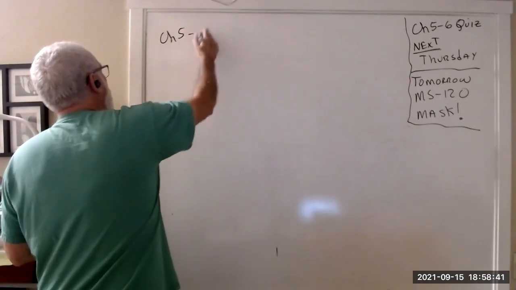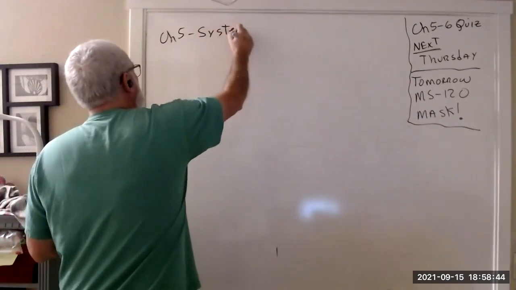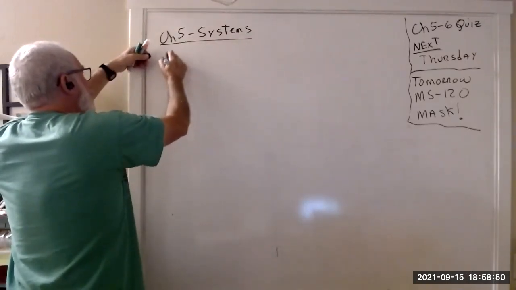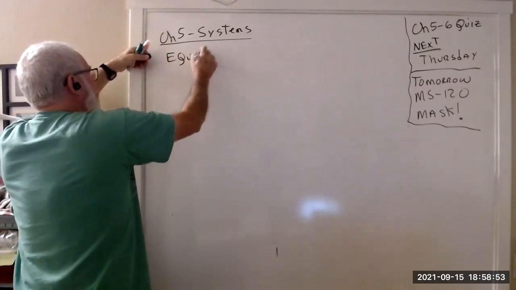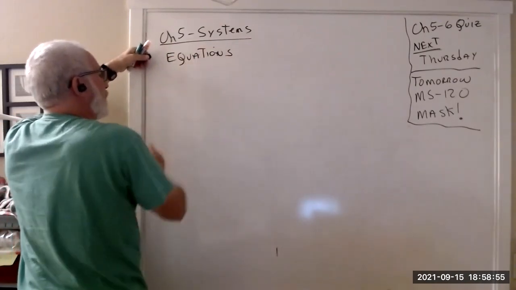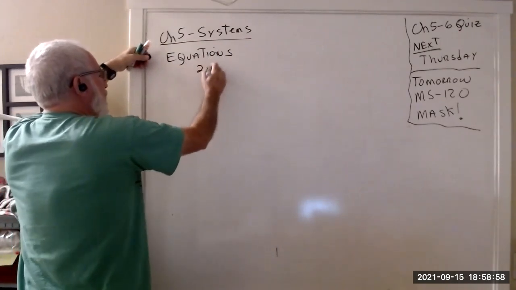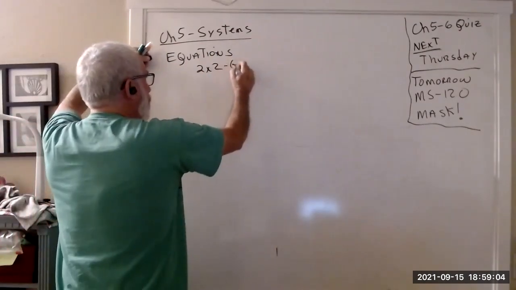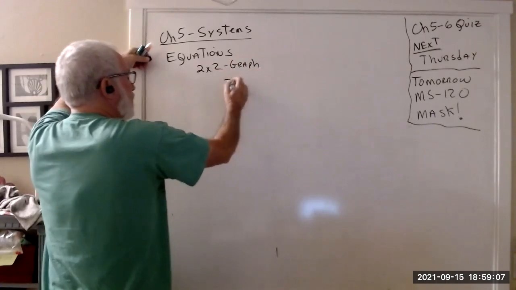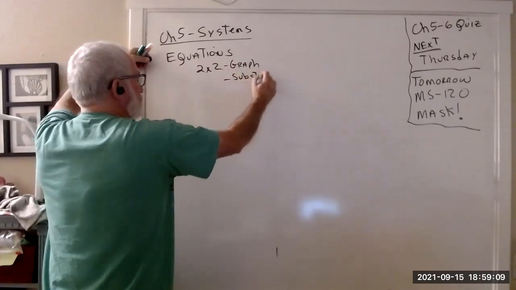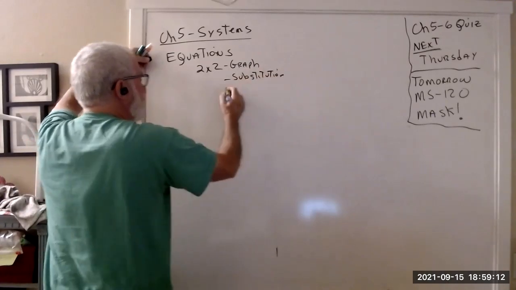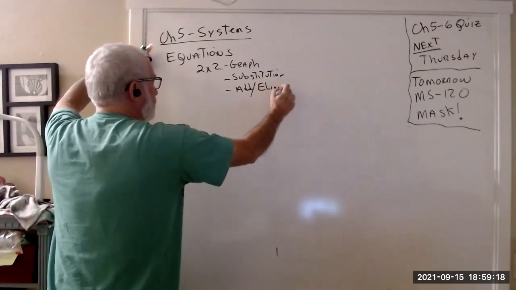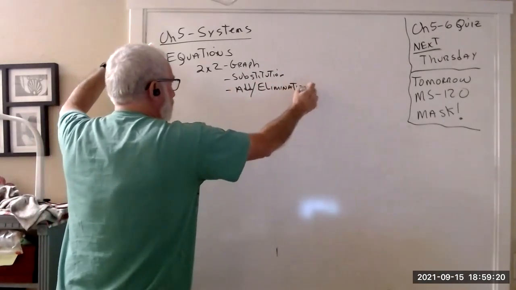Chapter 5 is all about systems. We learned systems of equations, and we have 2 by 2 equations. We learned a bunch of ways to solve those. One was graphing. Another was called substitution. And another is called addition, elimination, or just plain elimination.